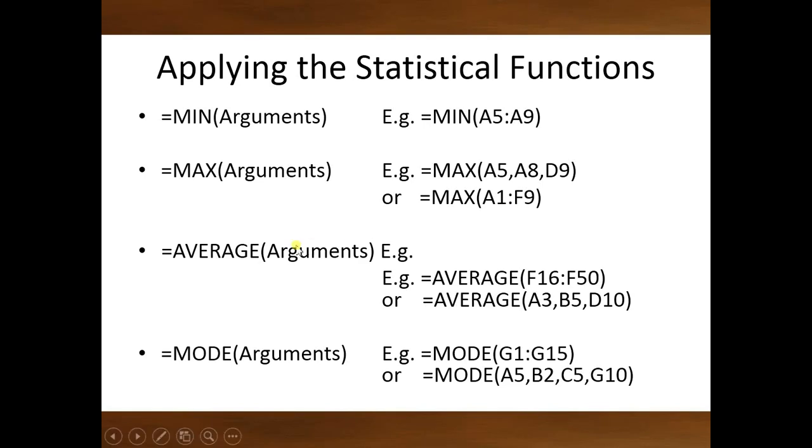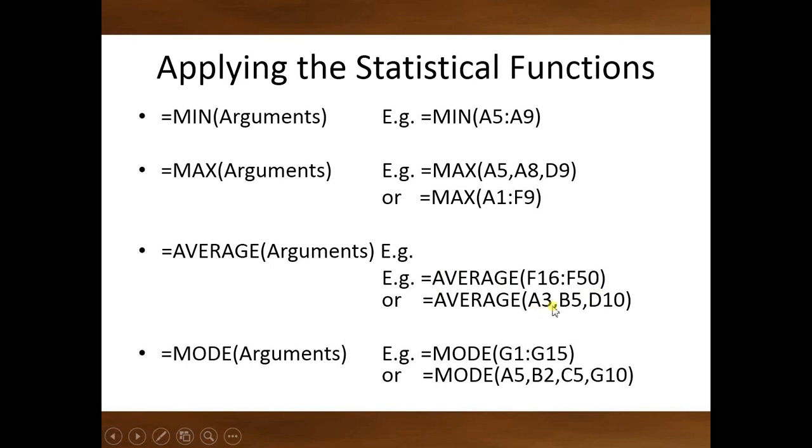Alright. The format for average is equals average followed by the arguments in parentheses. An example is equals average F16 to F50. That is if they are in a range.